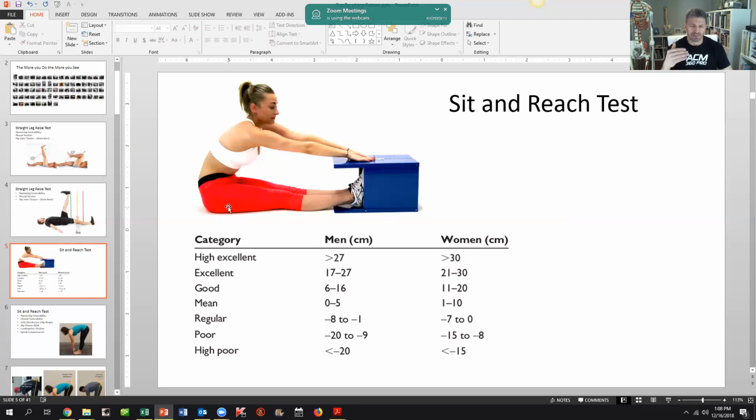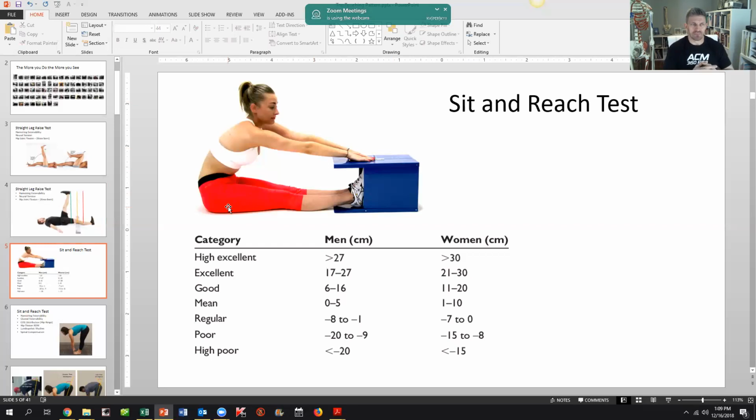So just be diligent and be critical about research when you're reading about the toe touch, the sit and reach, the straight leg raise. You have to really understand what we're looking for in that research, to get an idea of how valid that research is.